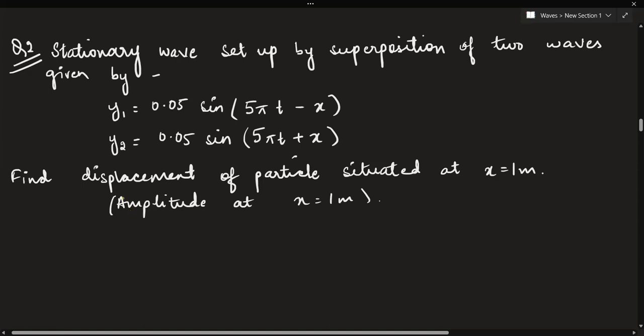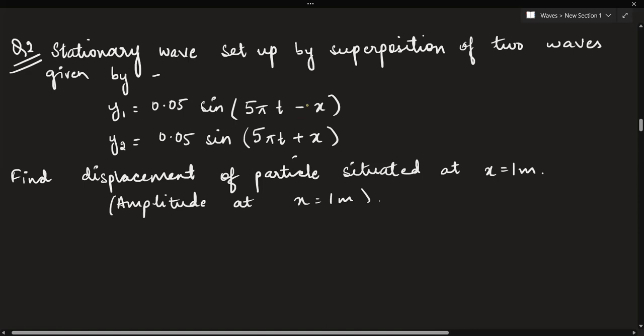Now if you notice, this is similar to what we have derived. What's the difference in these two equations? Just a plus-minus sign difference. This indicates the two different directions of the two waves superimposing on each other.